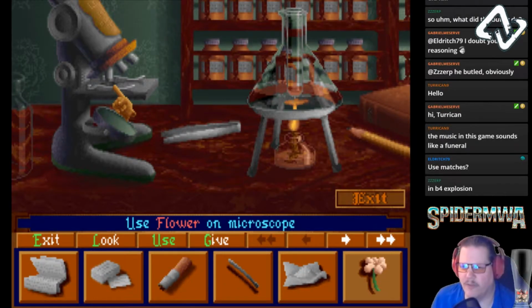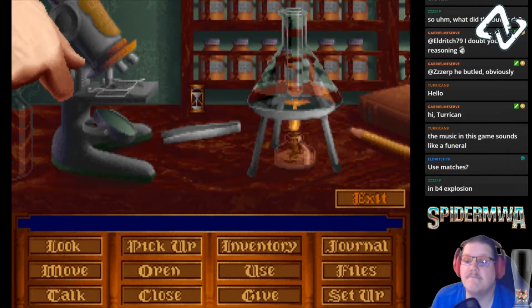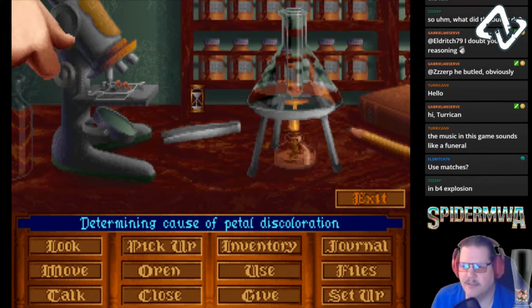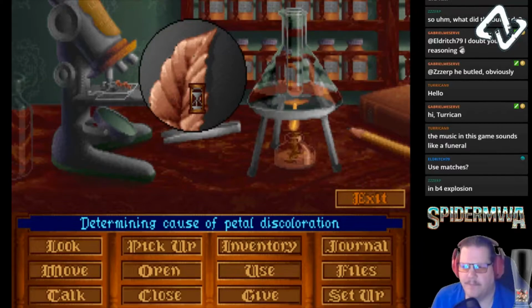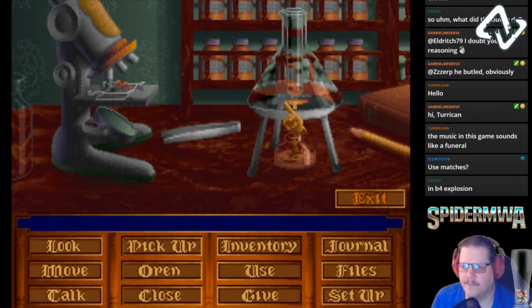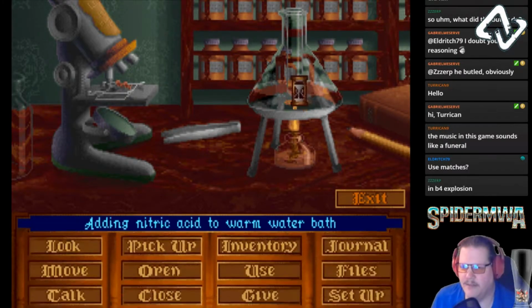We use the flower in the microscope. Determining cause of petal discoloration. The petal is artificially dyed. Can we also use it in here?